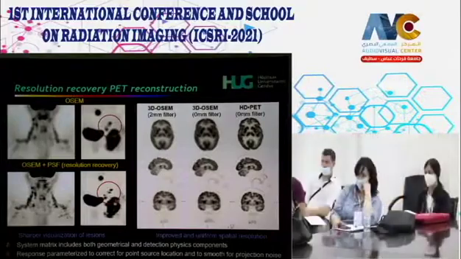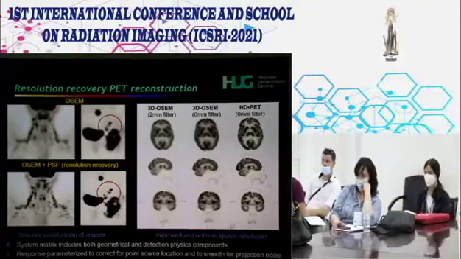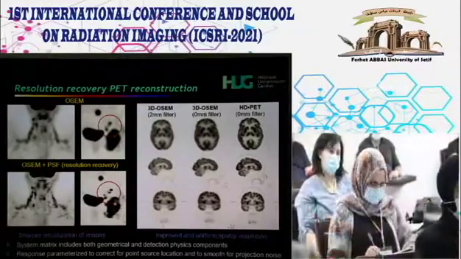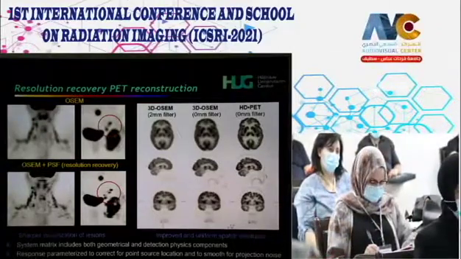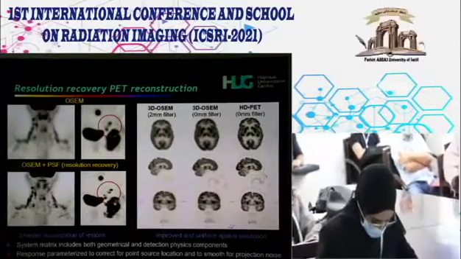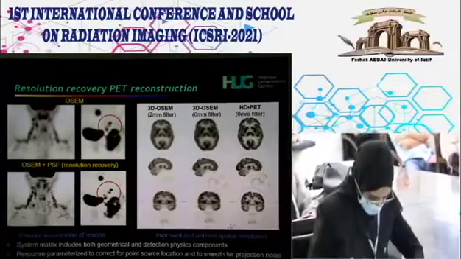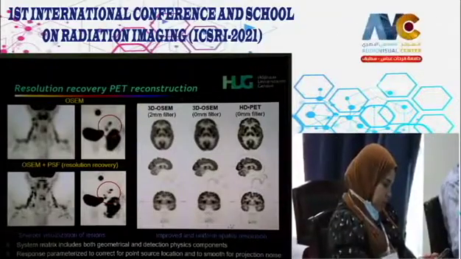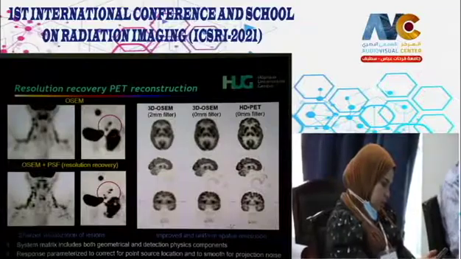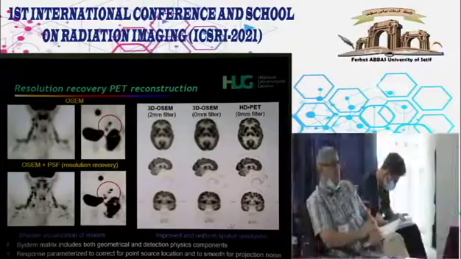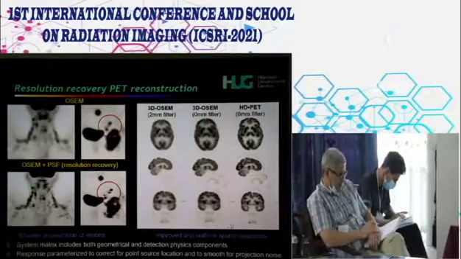So this is some patient data reconstructed without and with resolution recovery, and look at the intensities of the signal here and here. So much improved spatial resolution when you use those techniques, again for the brain. So this is the high definition PET, or basically resolution recovery without additional filtering, compared to a conventional 3D OSEM reconstruction.